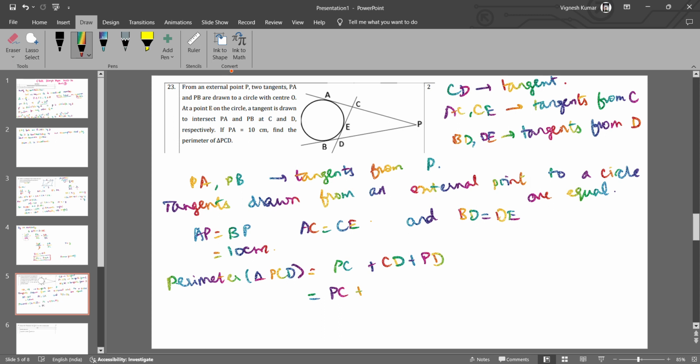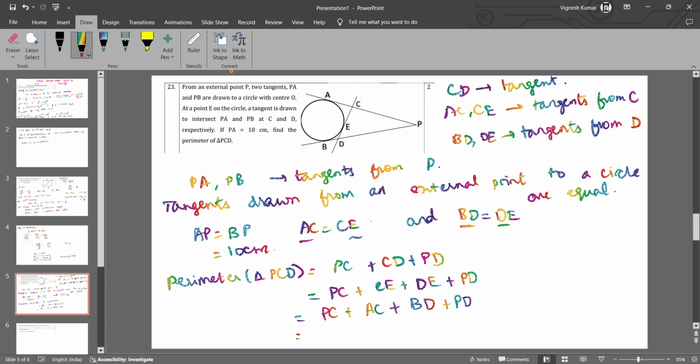So PC plus, instead of CD, let me split CD into CE and DE, plus PD. And since CE is equal to AC, instead of CE, let me write AC, and since BD is equal to DE, let me write instead of DE, BD, plus PD.